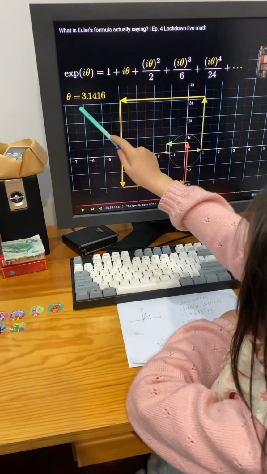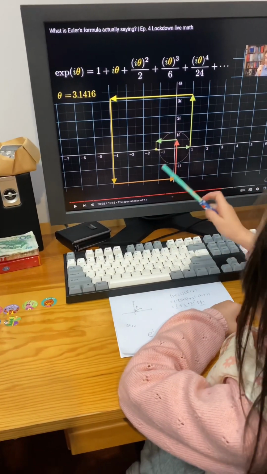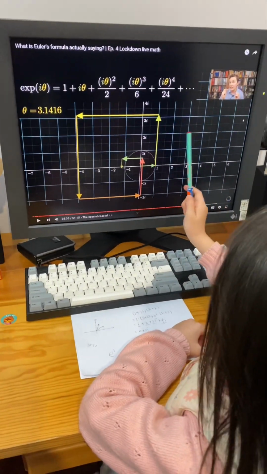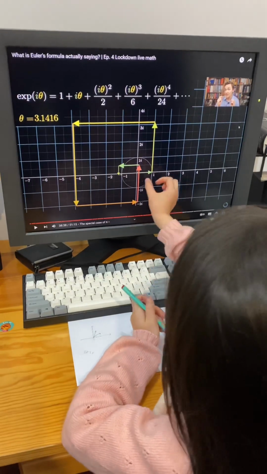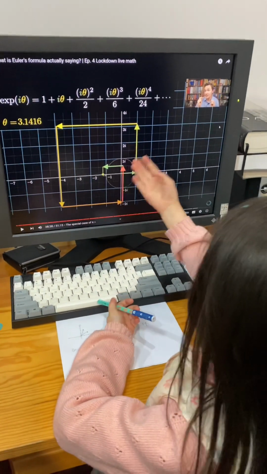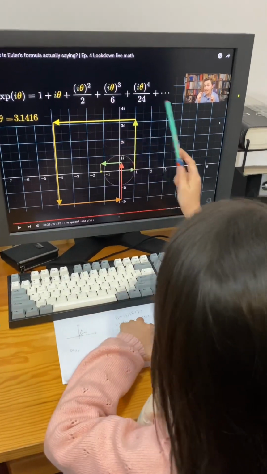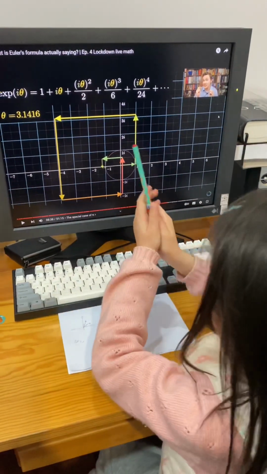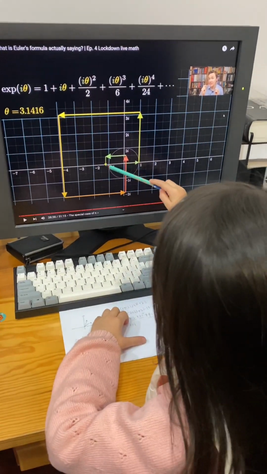Then if theta equals pi, it means just pi radians. And the right part means just like the teacher said, this plus this plus this, and add them together. Finally the sum of all of them is negative 1.